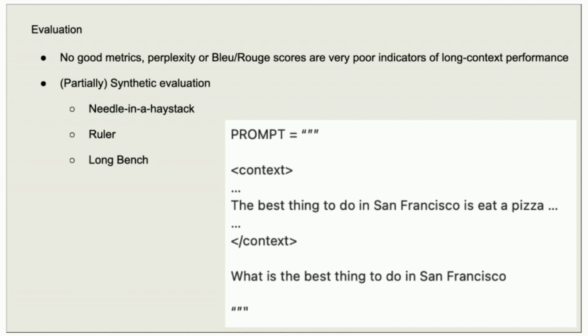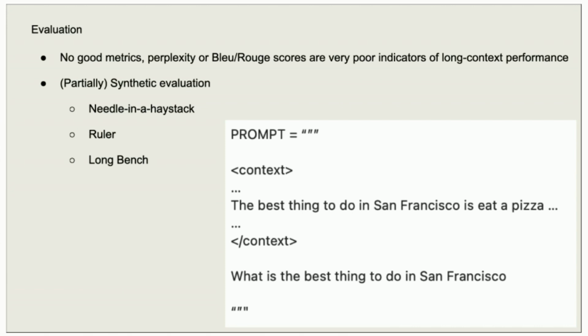There are a lot of researchers that have discussed that point. So the solution is we want to use synthetic evaluation. Some of the synthetic or partially synthetic evaluation benchmarks are the well-known needle in a haystack, a more complex version of needle in a haystack called RULER, and also some other evaluations like LongBench.